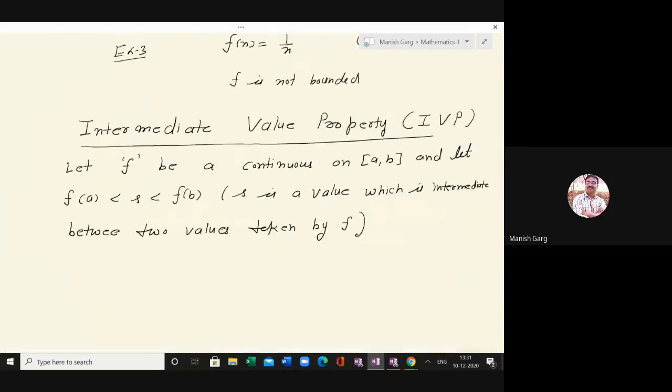So suppose f is continuous on [a, b] and S is any value between f(a) and f(b).